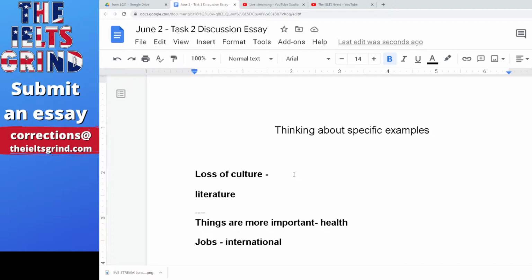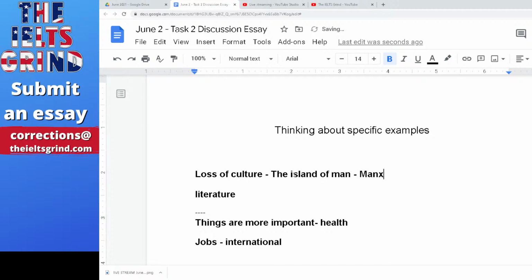So we had this. So there's the island of Man. This is a small island off the coast of England in the Irish Sea, between England and Ireland.